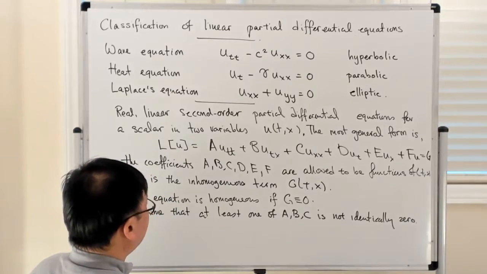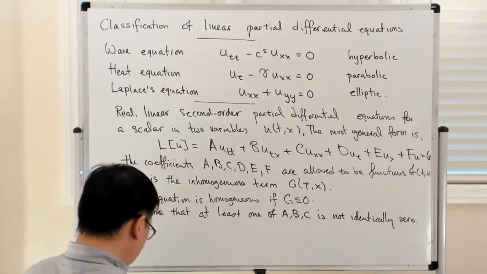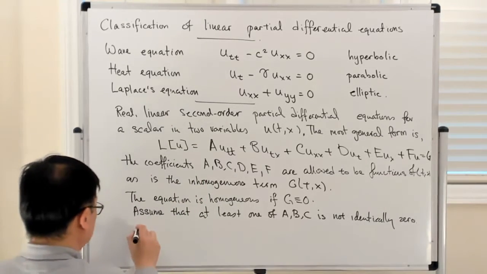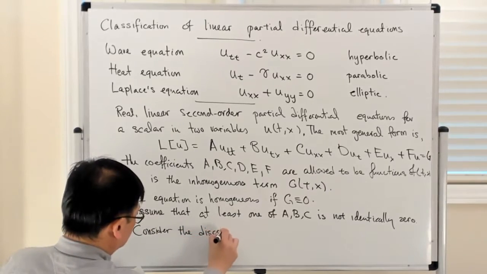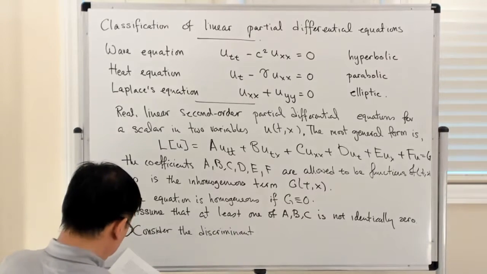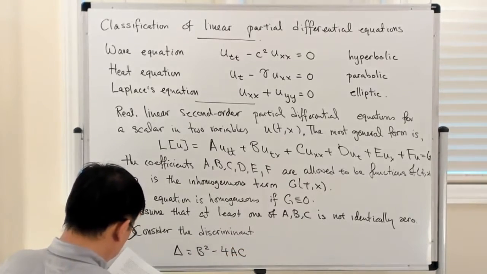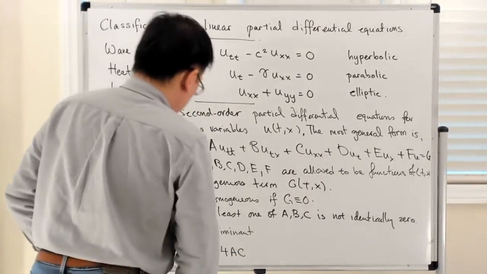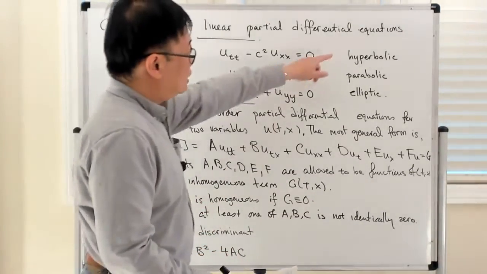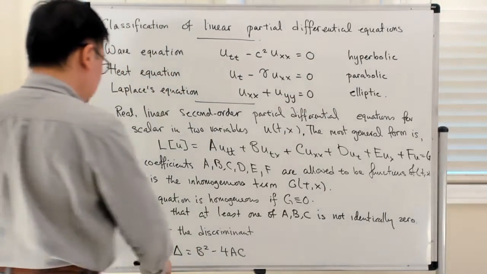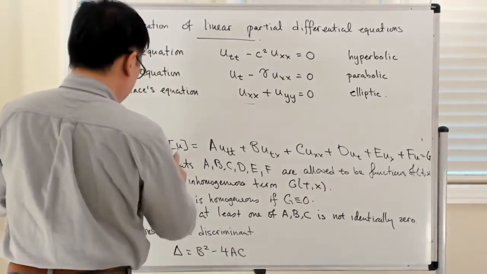All right, so the basic idea is that you can look at a discriminant. So you consider the discriminant delta equal to b squared minus 4ac. Depending on the value of this, that leads to the different types of partial differential equations. So let me just write these things here.